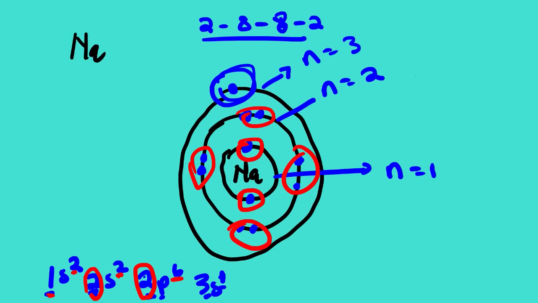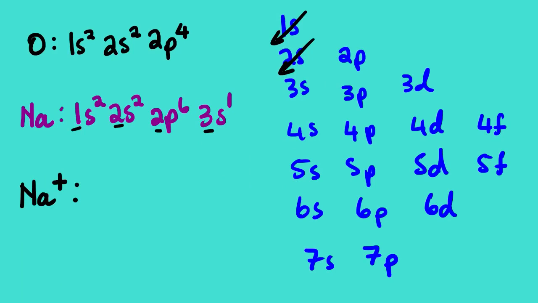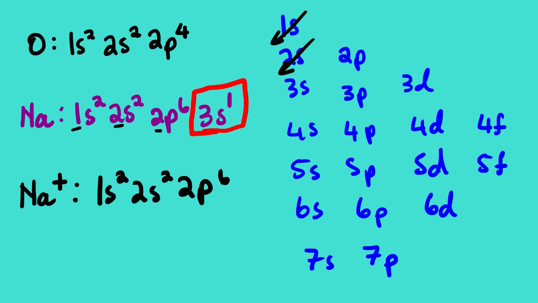So the highest energy level, you can see it's the 3. So it simply means that we are going to remove our 1 electron here. This is the highest energy level. And then the electron configuration of this will be 1s2, 2s2, 2p6. This is the electron configuration of our ion.